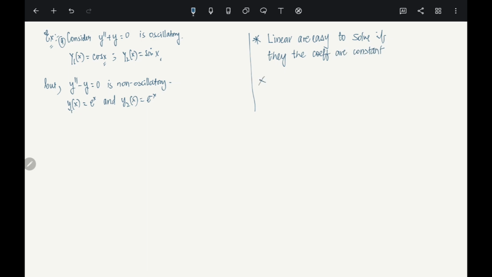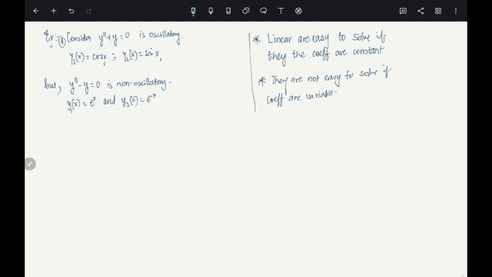Clear? Now if the coefficients are not constant, they are not easy to solve. If coefficients are variable, right? Now in the last videos we have seen there is some way of solving it.